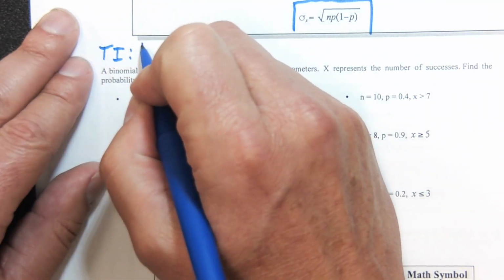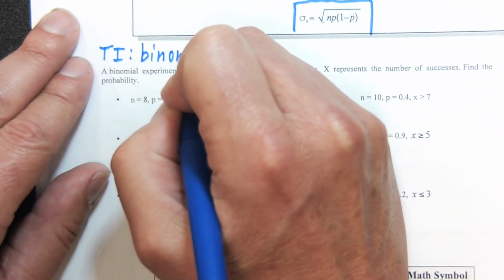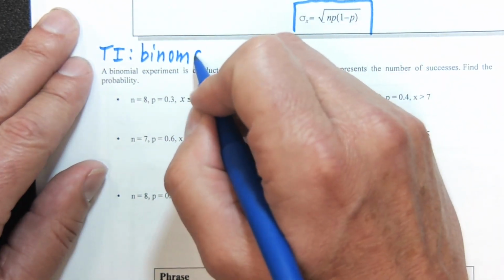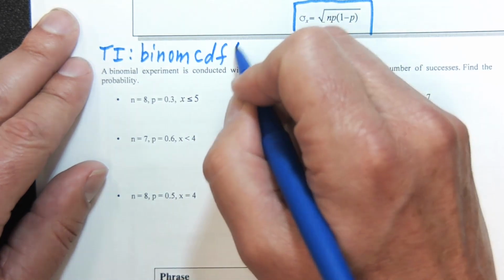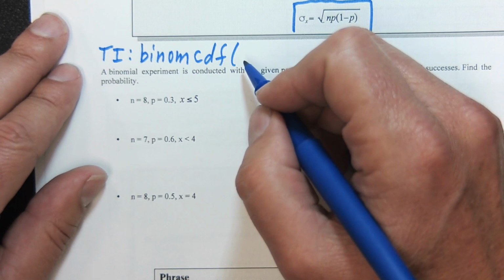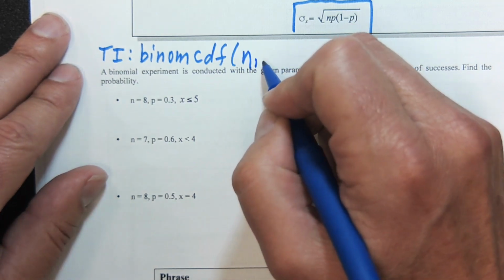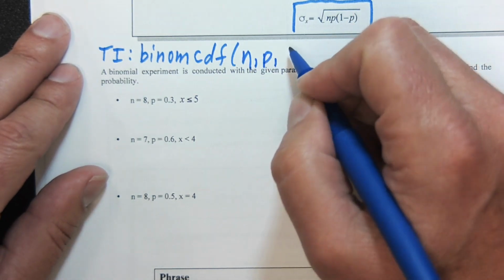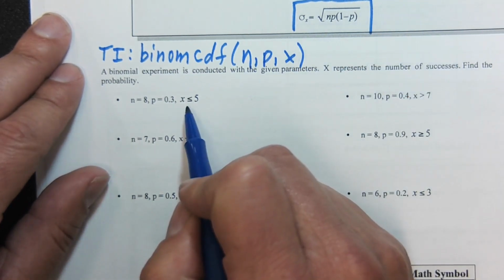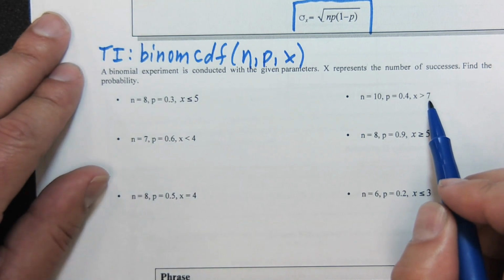So that is binom CDF. And the order is going to be N, comma, P, comma, X, and the X has to be less than like we have here. When it's greater than, we'll talk about what to do with that.